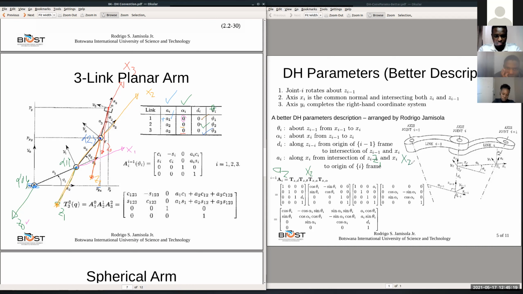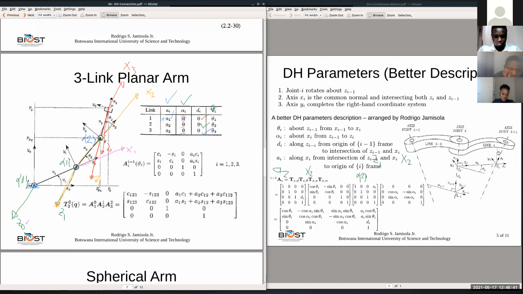That's the intersection, the origin of frame 2. Where is the origin of frame 2? Here. We know that. Where's the intersection of Z1 and X2? That is X2 and Z1 here. The intersection is here.